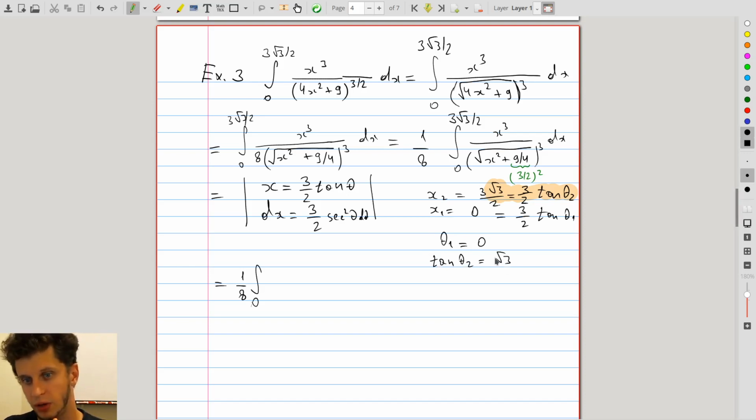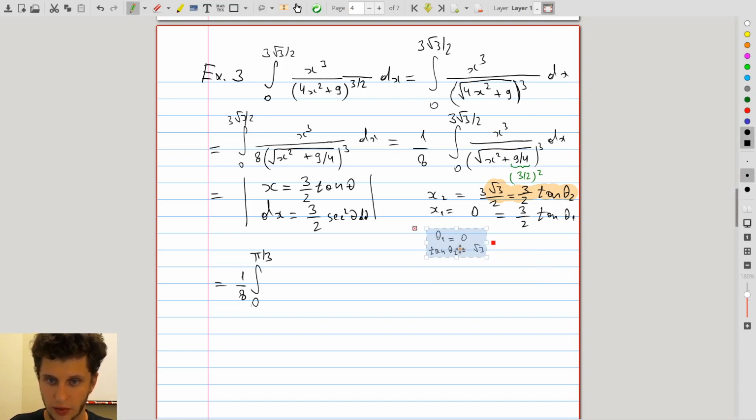So if you think about which angle gives this value, I'll let you think about it for a second, you will realize that theta 2 must be pi over 3, because tangent of pi over 3 is precisely square root of 3. So now we have converted the limits of integration into those for theta. It remains to convert everything else in this integral to be in terms of theta.